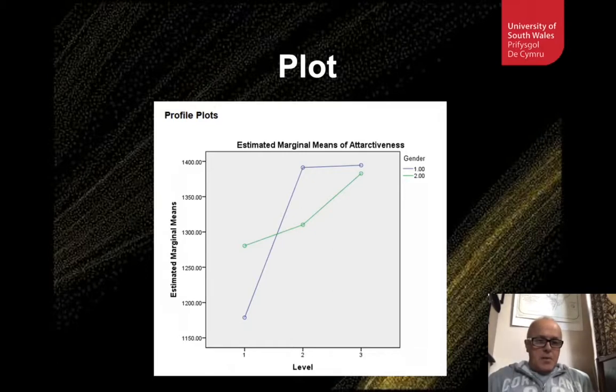For the females, they're responding slower than the males. They're responding quickest, I beg your pardon, to the unattractive faces, similar to the males, even though it is slower. They're responding a little bit slower to the average attractive faces and slower still to the attractive ones.